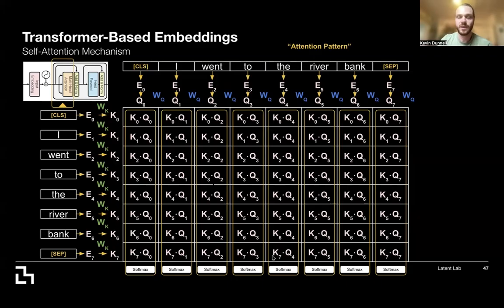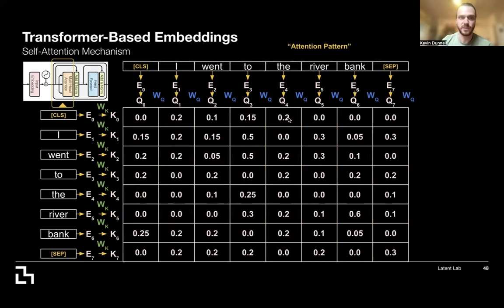There's a little bit more nuance here because we're actually dividing by the square root of dimensions in the key query space to help with training stability. But for the sake of simplicity, what I'm showing is that we're now taking the softmax across each one of these columns, and we can view the attention pattern as a distribution across each token of how its attention is being paid across all other tokens.